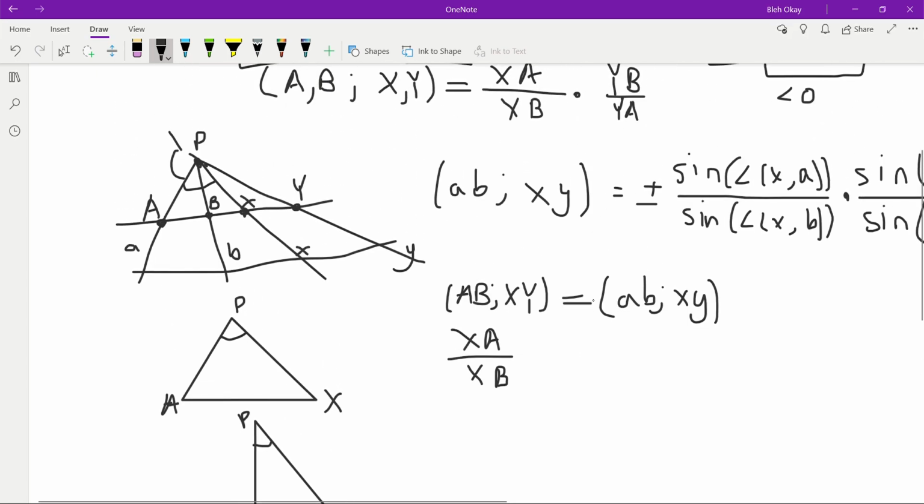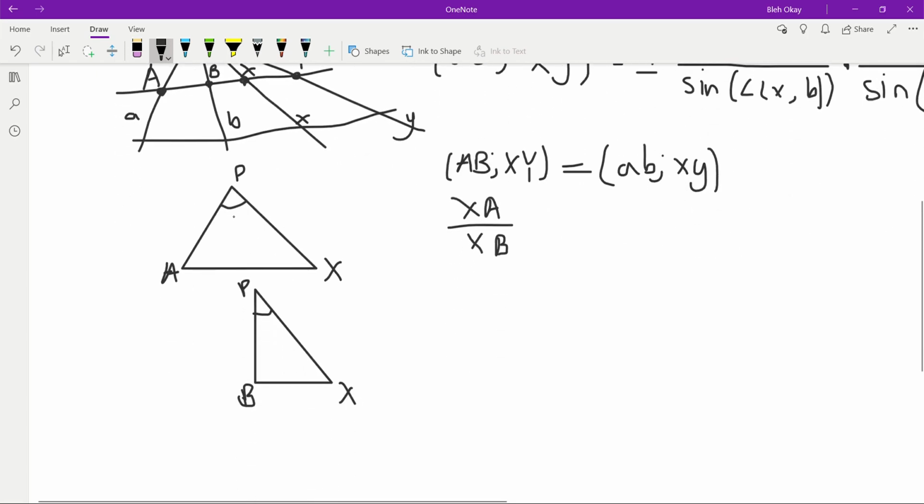And in our cross ratio of 4 lines, we have the sine of this angle divided by the sine of this angle, right? And these are related to each other through the law of sines.